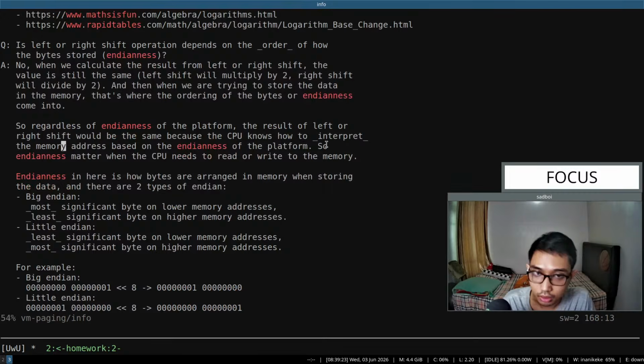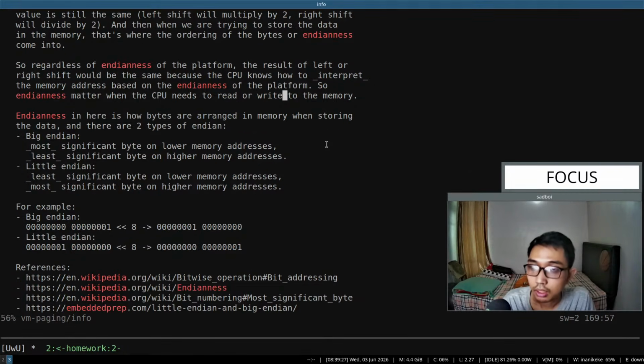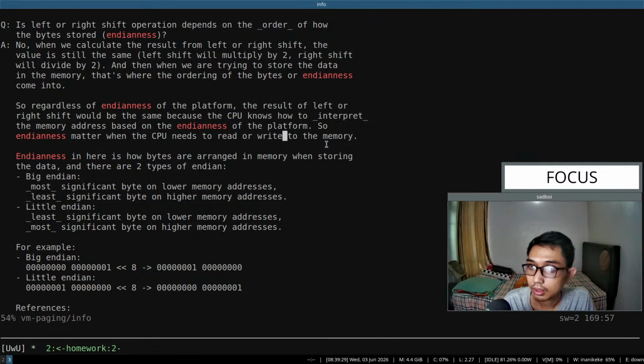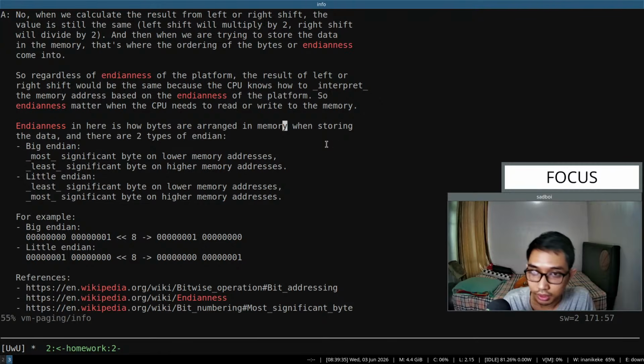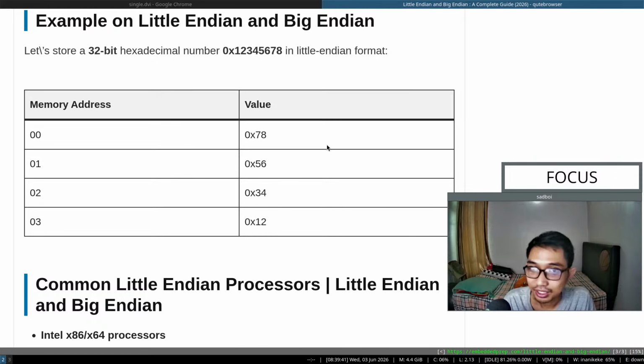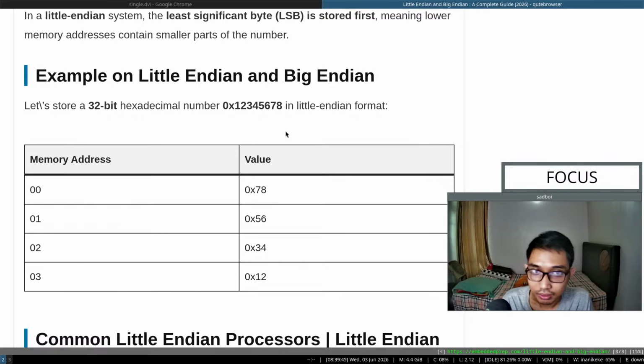Store or read, something like that. Okay, that is interesting. Previously I didn't know about this at all. That's why I'm kind of curious how all of this works.